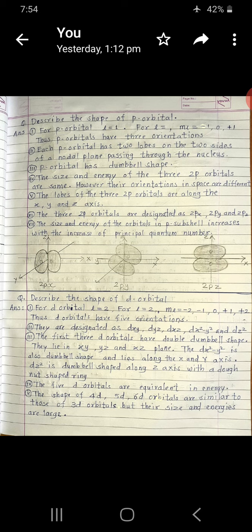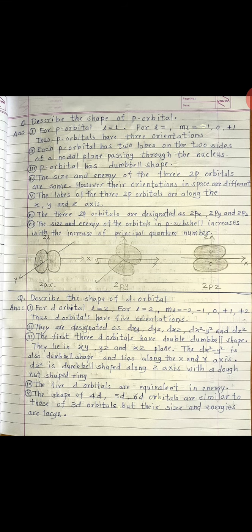As the value of n increases, first shell does not contain p orbital, second shell contains p orbital, that is 2p, third shell 3p, fourth shell 4p, fifth shell 5p, sixth shell 6p, seventh shell 7p. So as the principal quantum number increases, the size and energy of p subshell increases.